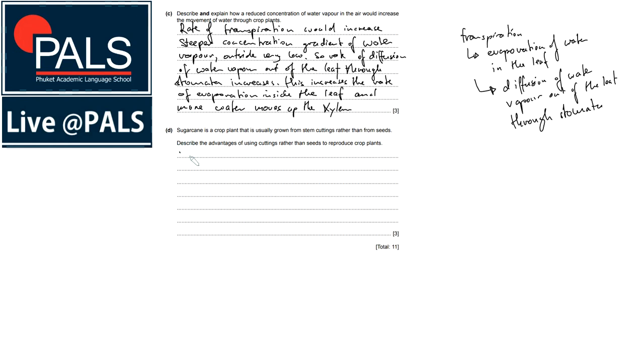So this is a form of asexual reproduction, which means plants from cuttings are genetically identical to the parent plants.